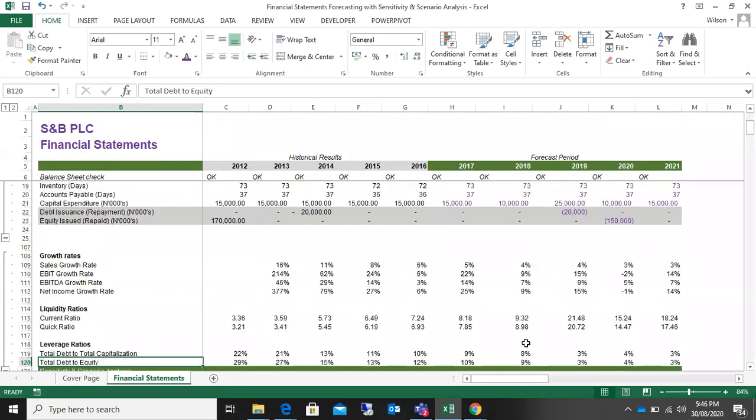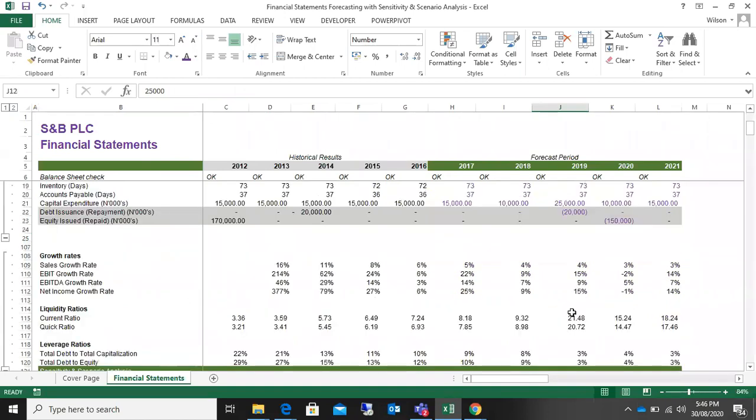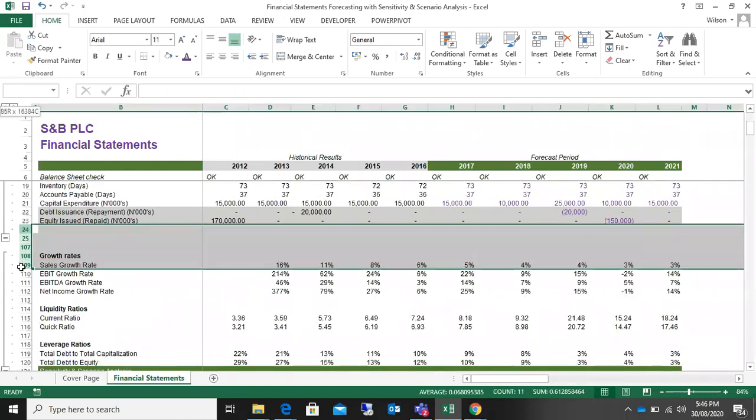So looking at the big picture, you can be changing the assumptions and seeing the immediate impact on the indicators. That is what I'm talking about there.